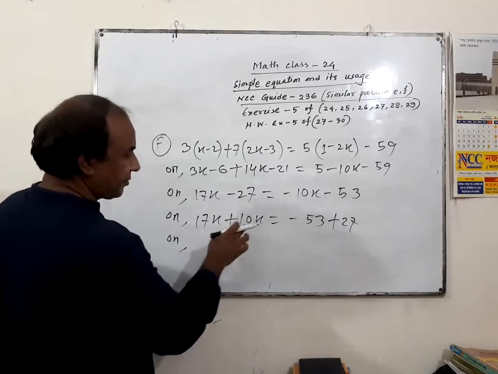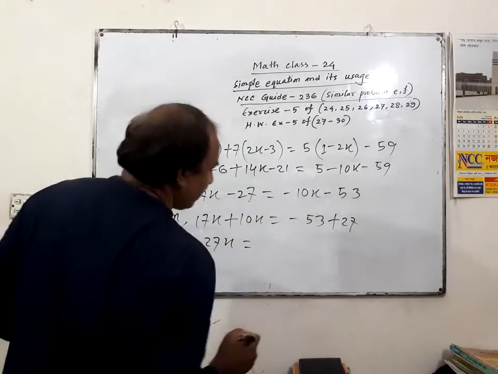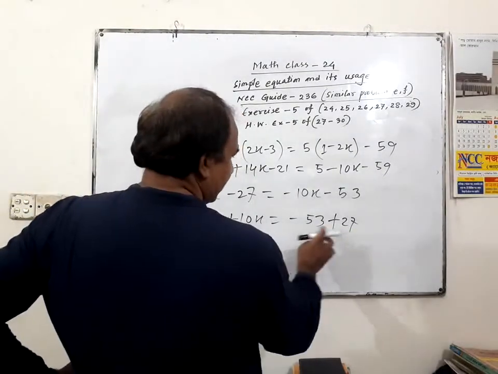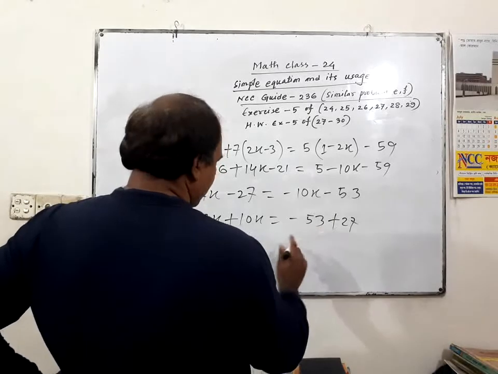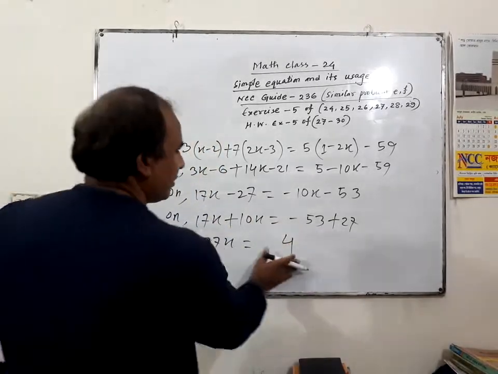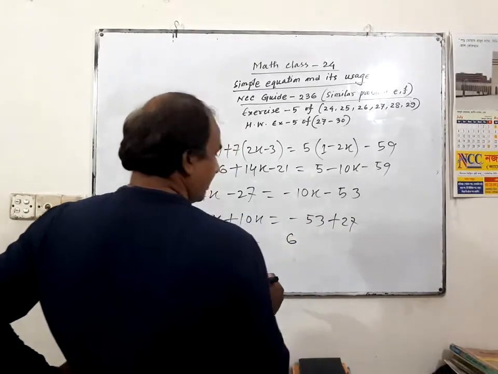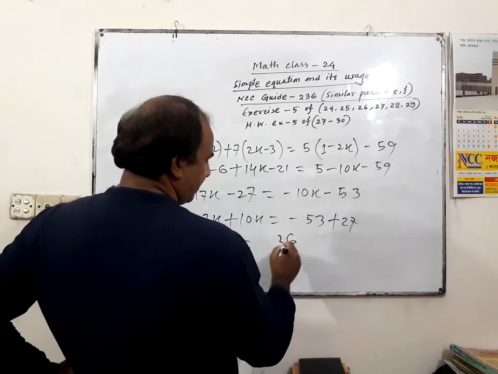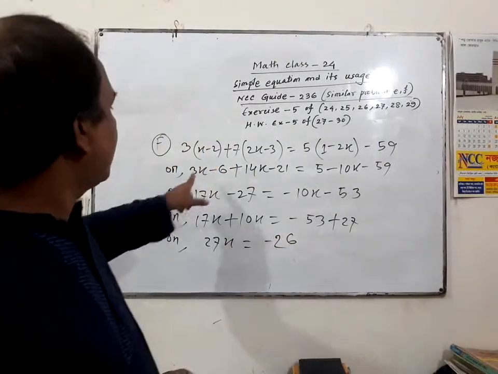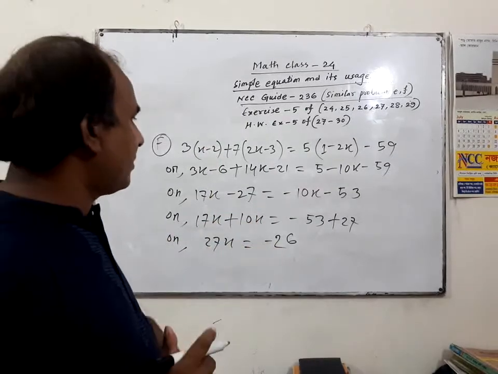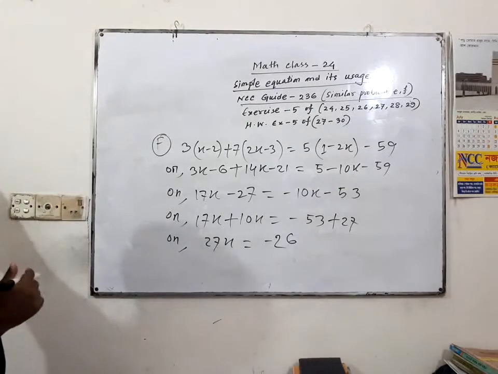So 17 and 10, 27x, minus 53 plus 27, minus 26.